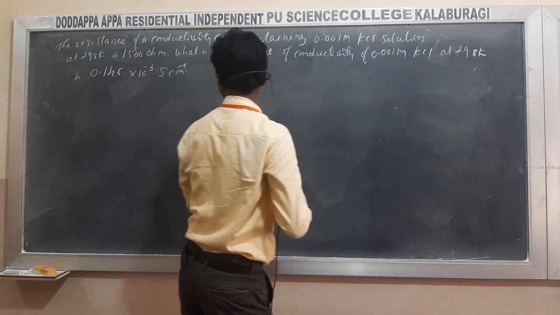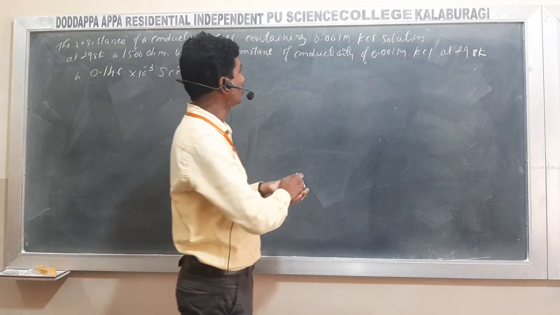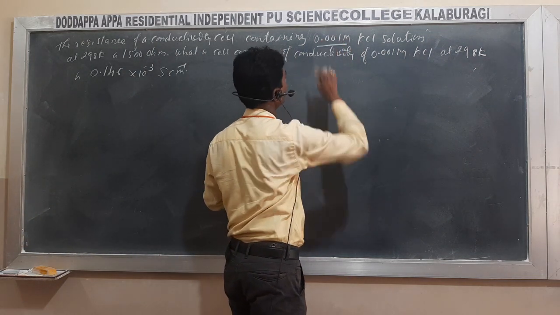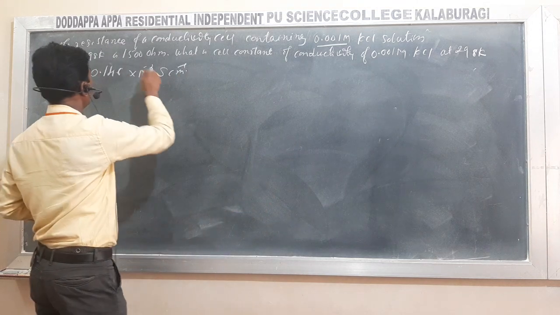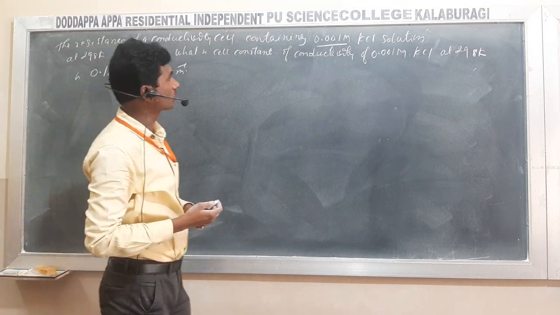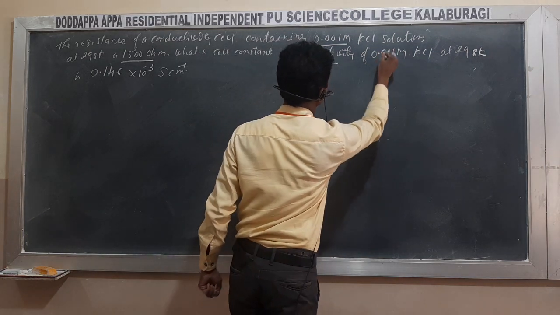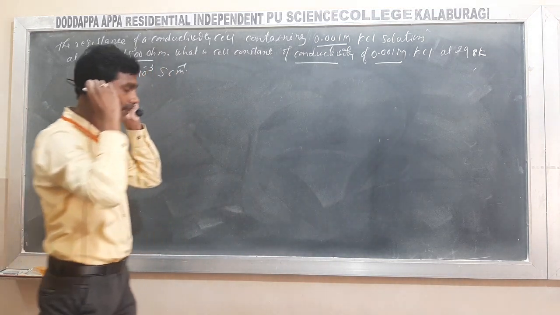The next problem. The resistance of a conductivity cell containing 0.01 M KCl solution is 1500 ohm. What is the cell constant of the conductivity cell for 0.01 M KCl at 298 Kelvin?